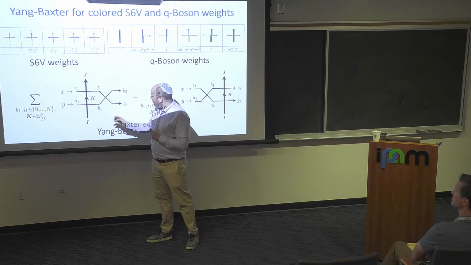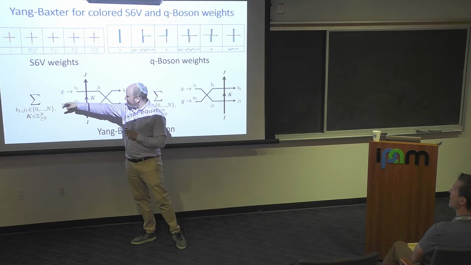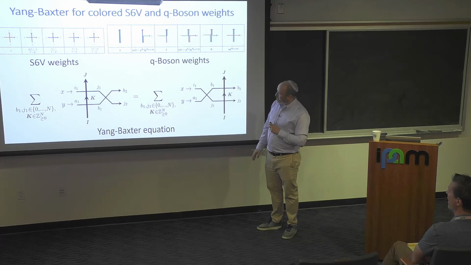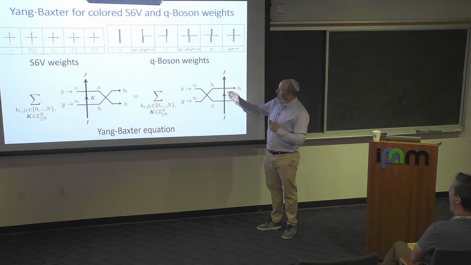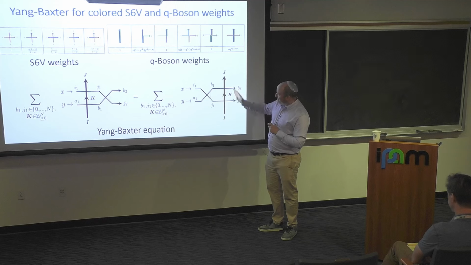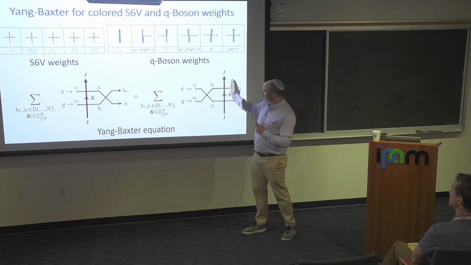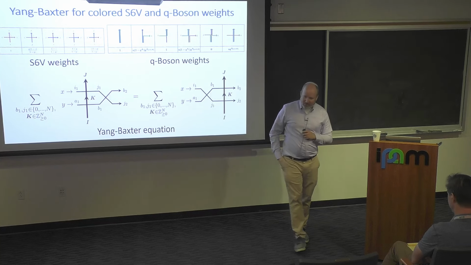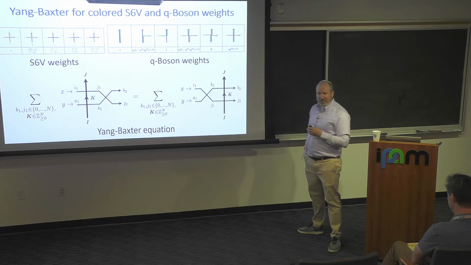And once you've specified these boundary parameters as well as spectral parameters x and y, then the partition function, which is given by the sum over all internal configurations of the weight of the picture on the left and the right, will be the same, even though in the pictures on the left and the right you've moved this vertical line through the cross. Okay, so this is a nice local property.